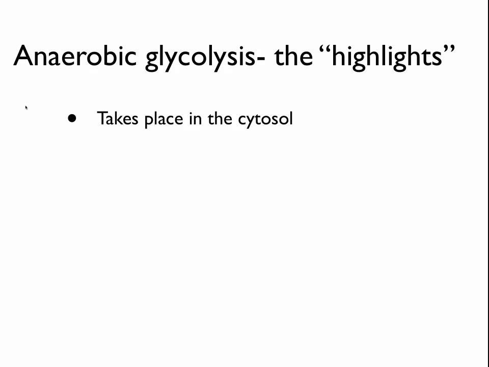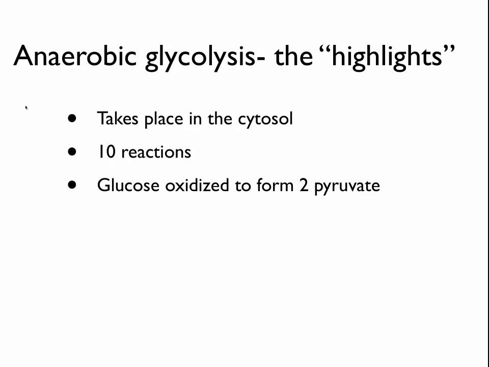So your contractile proteins are right there. It's a series of 10 reactions, which means it's going to take a little bit more time to generate ATP than using phosphocreatine, which is 1 reaction. Your glucose is oxidized in those 10 reactions to eventually form 2 3-carbon molecules called pyruvate.